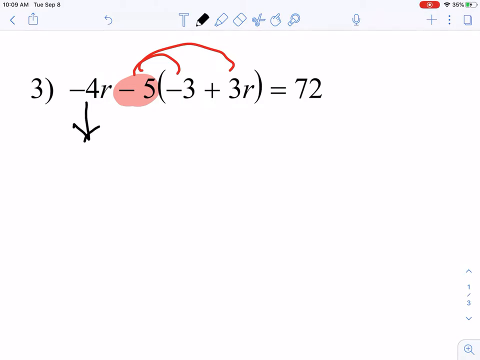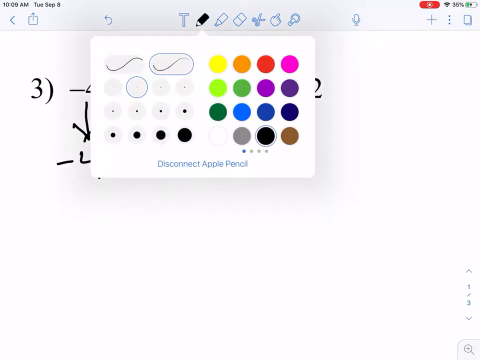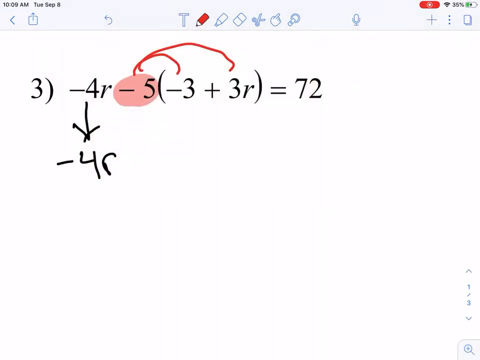Negative 4r doesn't change, so I'm just going to rewrite that. And then in red here, negative 5 times negative 3 is going to give me a positive 15. And negative 5 times positive 3r is going to give me negative 15r. And then I'm still setting that equal to 72.